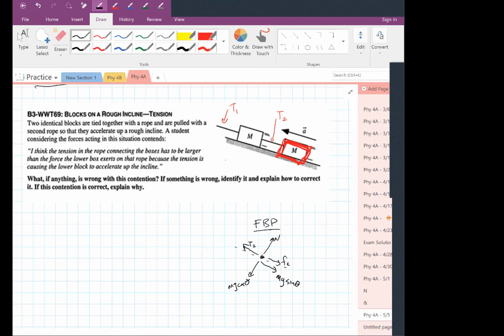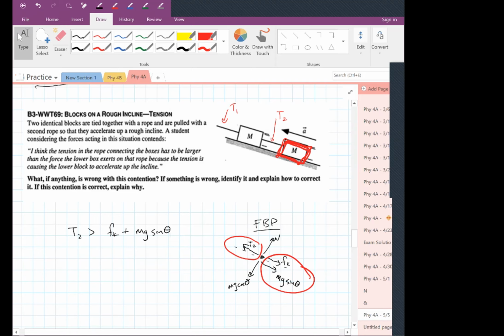So in order for this object to accelerate up the incline, this force, T2, has to be greater than the sum of the two that are pulling it down the incline, right? So T2 has to be greater than the friction force plus the weight in that direction down the incline.